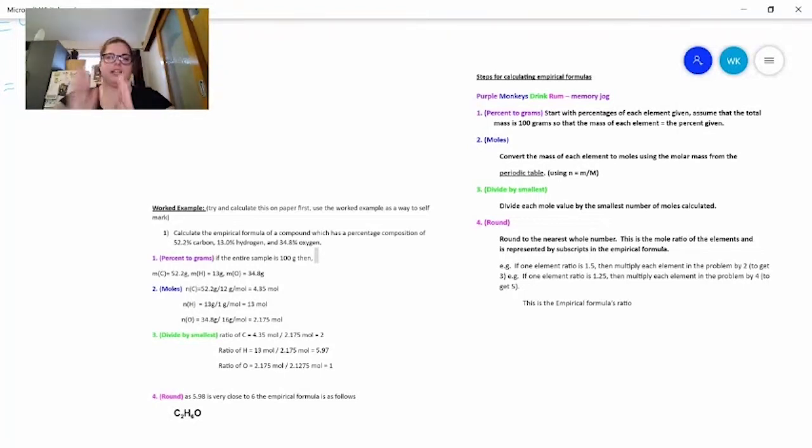So we've got our example, which is: calculate the empirical formula of a compound that has a percentage composition of 52.2% carbon, 13% hydrogen, and 34.8% oxygen. So how the percent composition looks is a little bit like this.